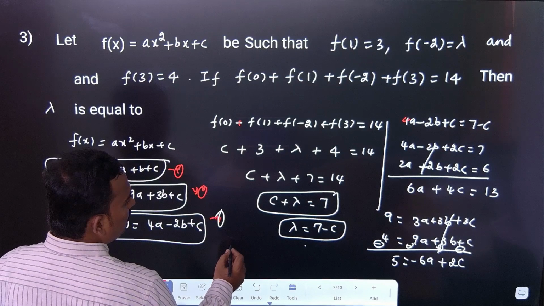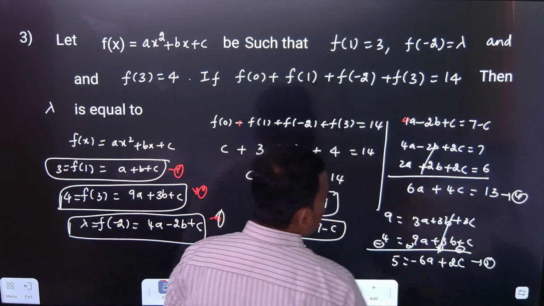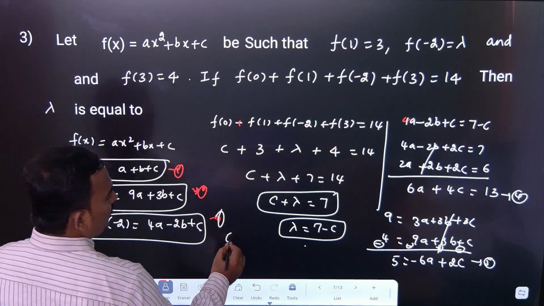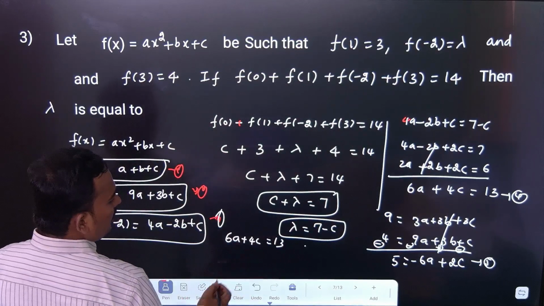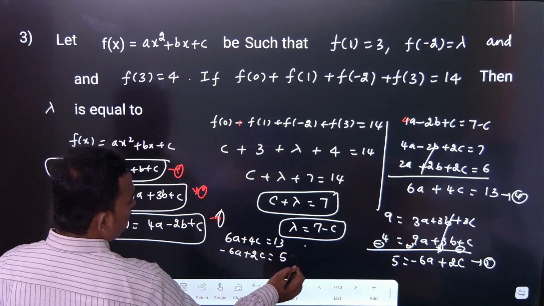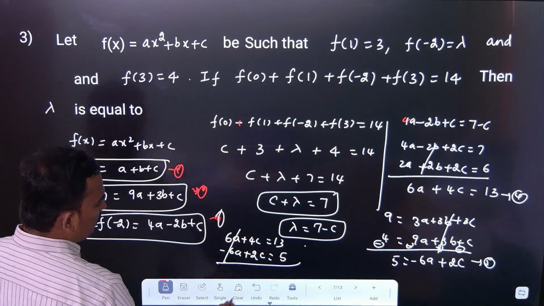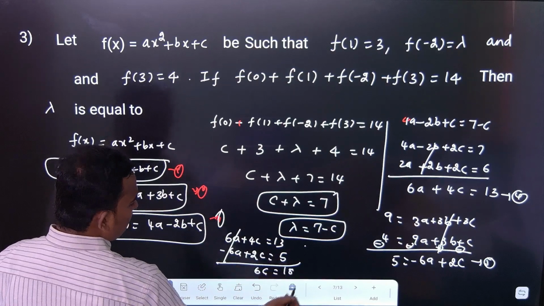You can see that this is your fourth one and fifth one you can take. So what will we get: 6a plus 4c is equal to 13 and minus 6a plus 2c is equal to 5. You can solve this. This will be cancelled. This is 6c is equal to 18.